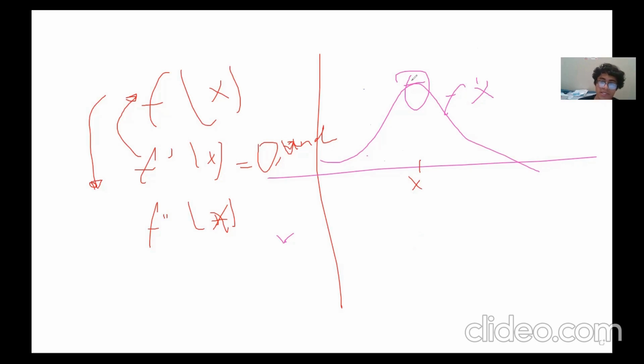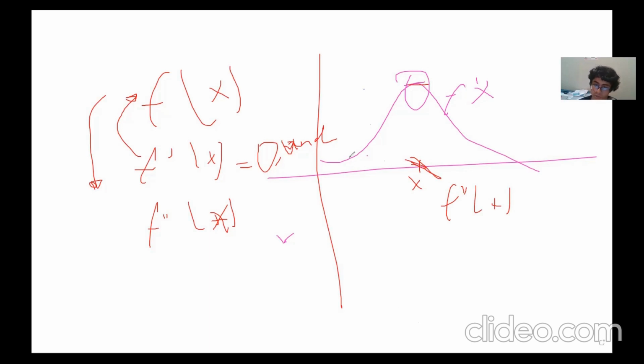But since the f prime of x graph has a maxima, the f double prime of x has a root here that goes from positive to negative, right? In a free response question, to justify the sign change in particular, you need to say it.